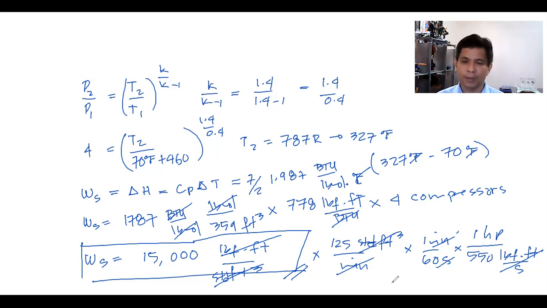Tapos, syempre, hindi naman siya 100% efficient. So, i-divide nyo pa rin ito ng efficiency. So, the efficiency is 85, no? So, i-divide nyo siya ng 0.85. So, just multiply this by 1 over 0.85. This is the efficiency.